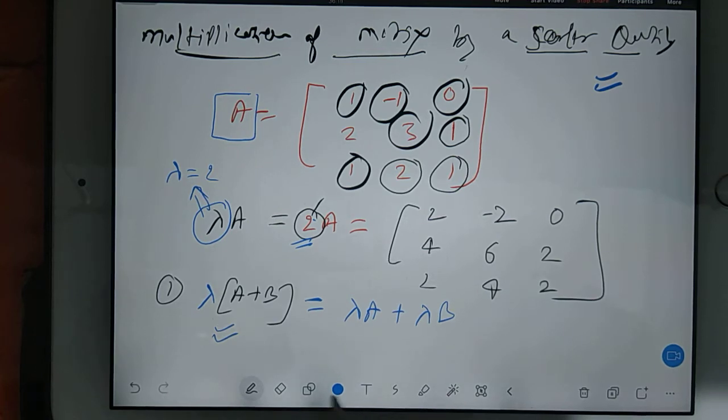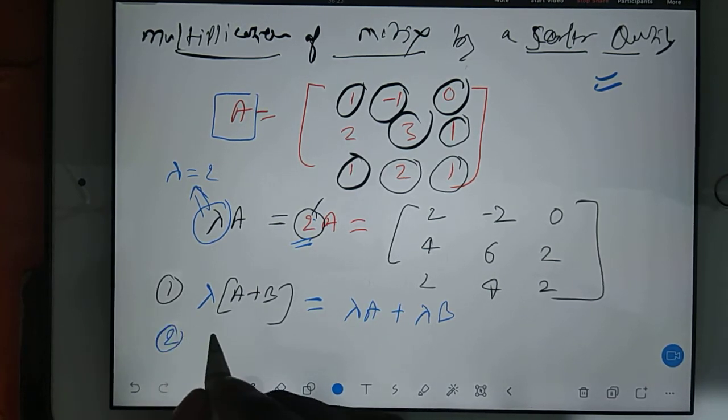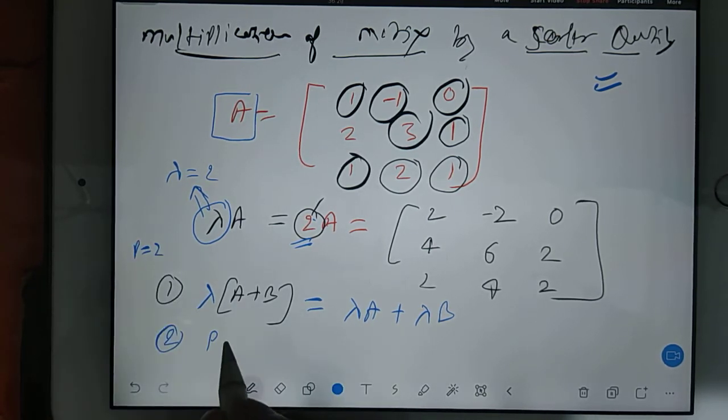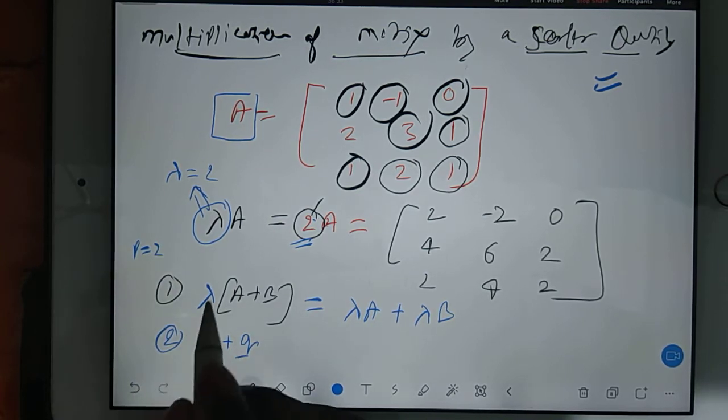Now it is also valid in another case. Suppose you have two constants added together. Suppose P is any constant number, say P equals 2, plus another constant number Q, say 3. They are not matrices, they are constant numbers like lambda.